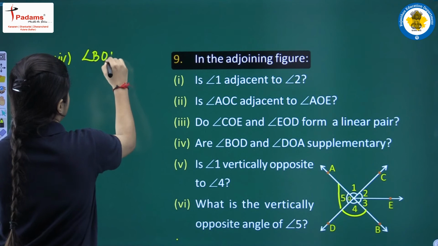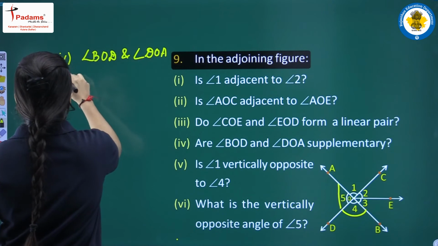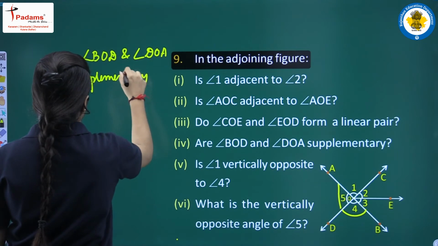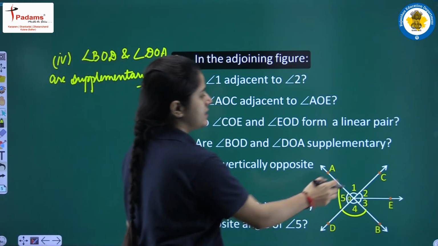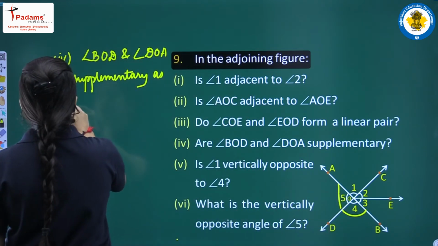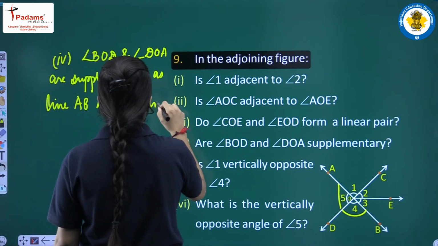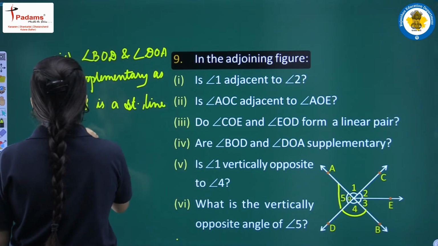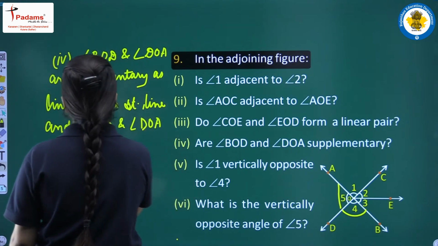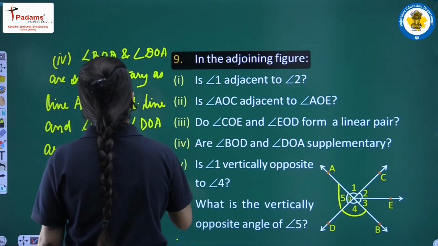Angle BOD and angle DOA are supplementary as line AB is a straight line, okay, and angle BOD and angle DOA are forming a linear pair, okay?